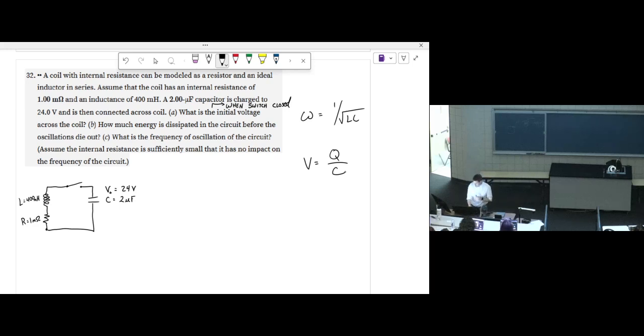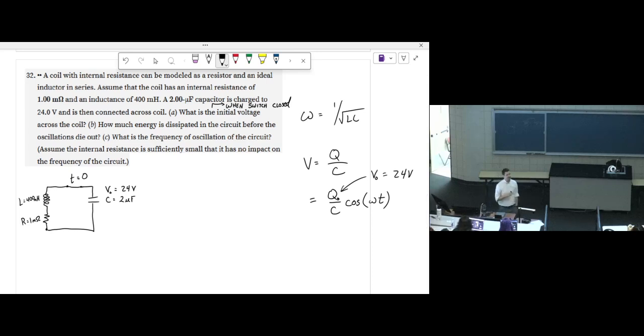That is to say that V is equal to Q naught over C times cosine omega t. And you could imagine then that this is V naught, the 24 volts. So we close this switch here, and we're looking at time t equal to 0.